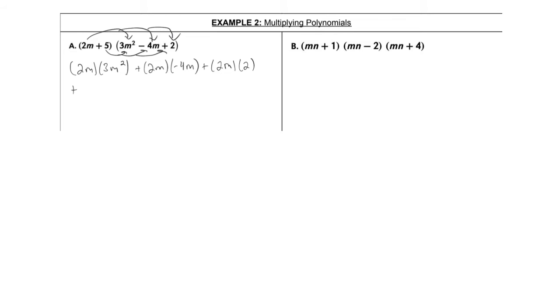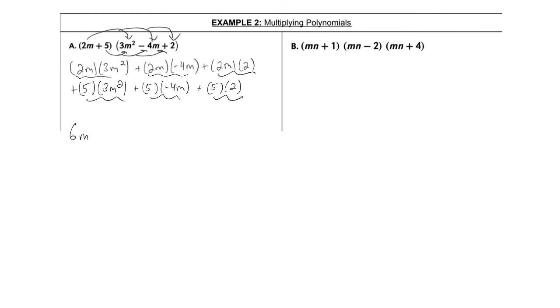So we get 5 times 3m squared plus 5 times negative 4m plus 5 times 2. All right, so let's multiply them all out. We have 6 multiplications.